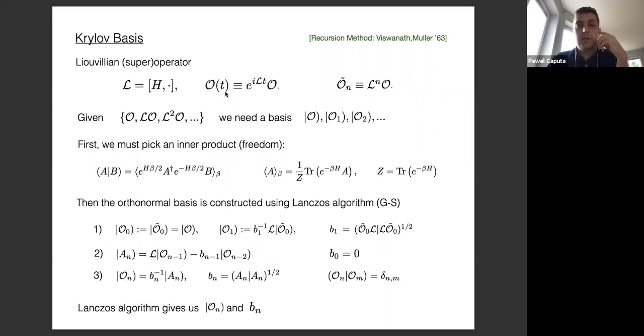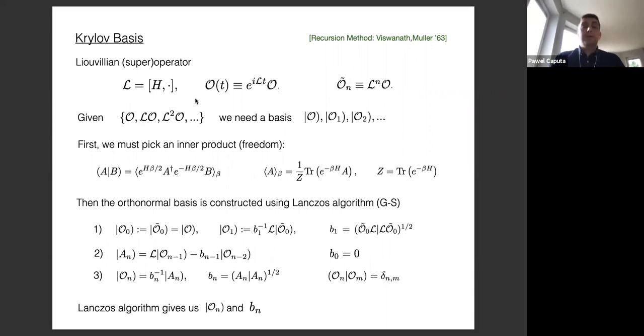In particular, this Heisenberg operator O of t will be formally just the exponent of i Liouvillian times t acting on these initial operators. Or in other words, these operators that we write in the expansion of the Heisenberg operators can be seen as different powers of this Liouvillian acting on the initial, say, perturbation. So the first one that we had before is basically a formal way of writing these nested commutators.